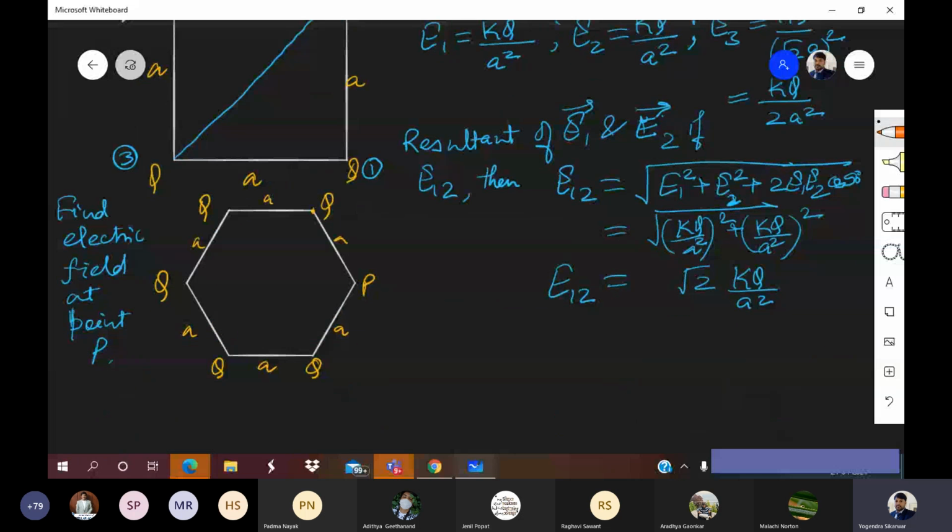So E net will be E12 plus E3 because directions are the same. So that will be KQ upon A square, and that is root 2 plus KQ upon 2A square. So that is the value of E net for the first part.